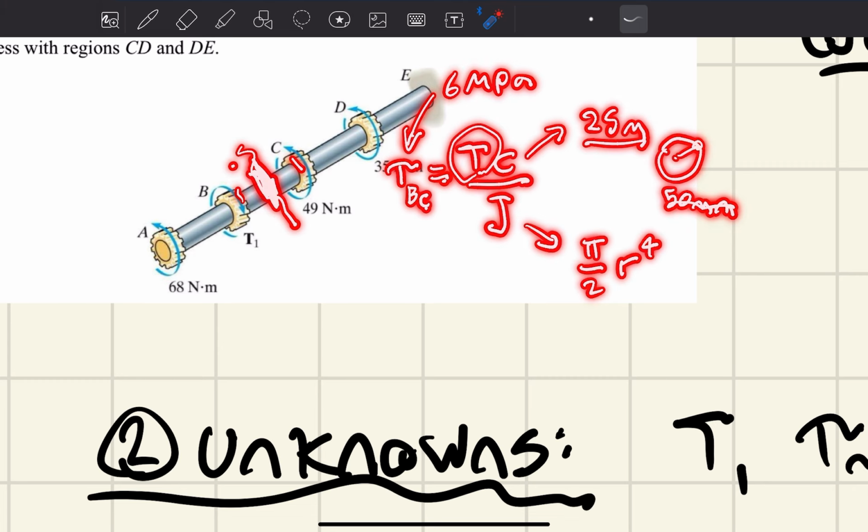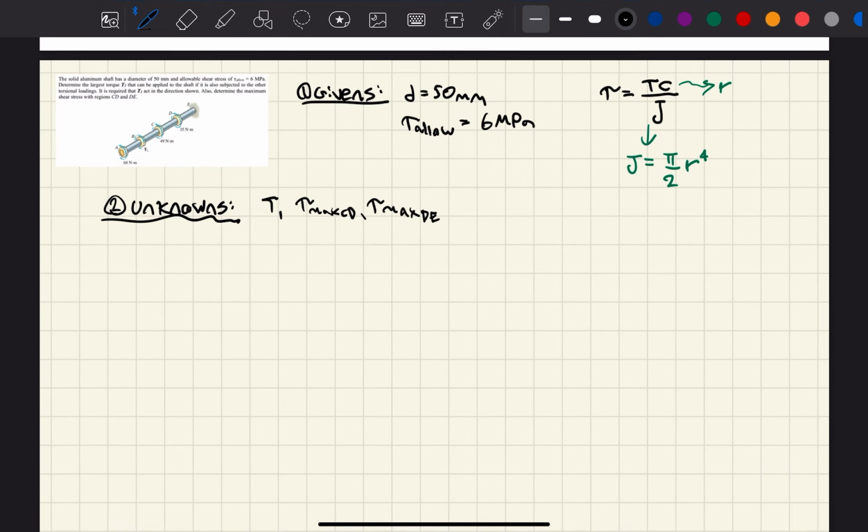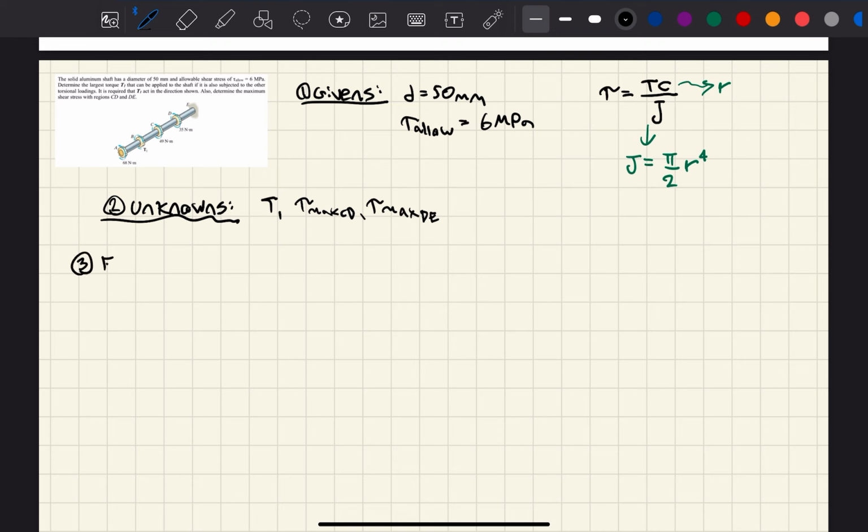So if I draw a diagram of this, and actually let's do it over here because this is what the question is asking for. We're going to find T1 using tau CD or BC, looking at the shear stress between sections BC, right?